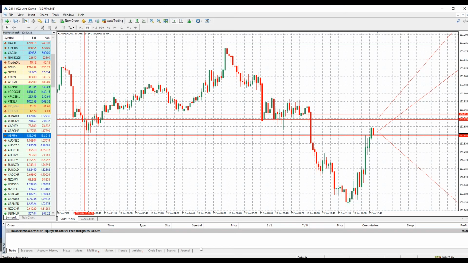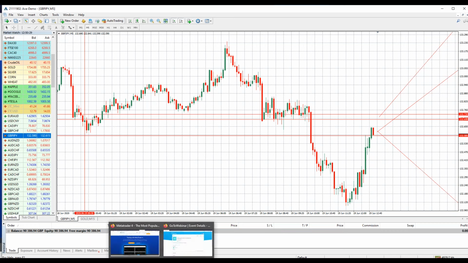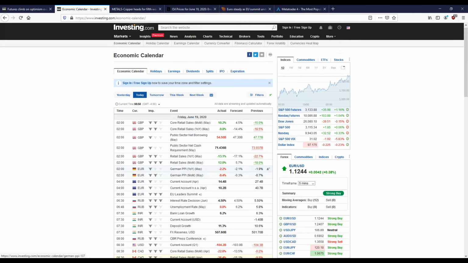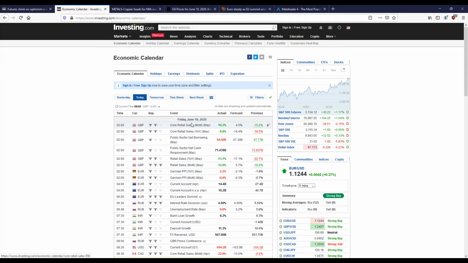And by the way, what else was positive today on the pound? Let's go back and look. If you remember, we looked here on the economic calendar. Look at these announcements out of Great Britain. Core retail sales better than expected, right? And retail sales better than expected.